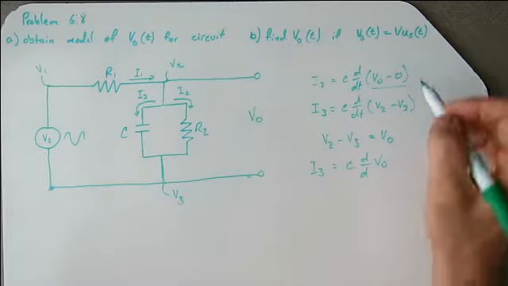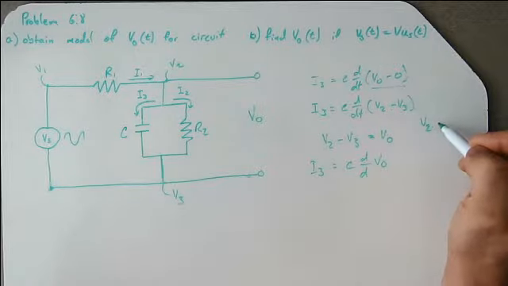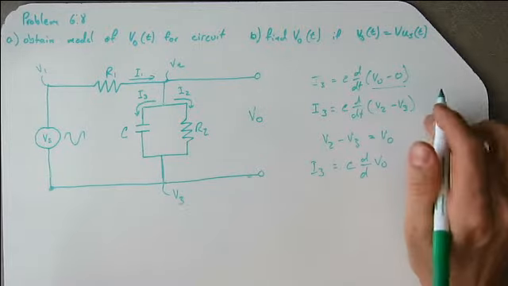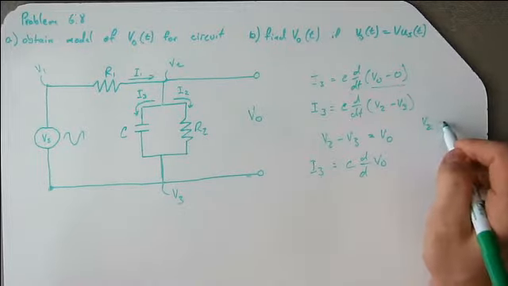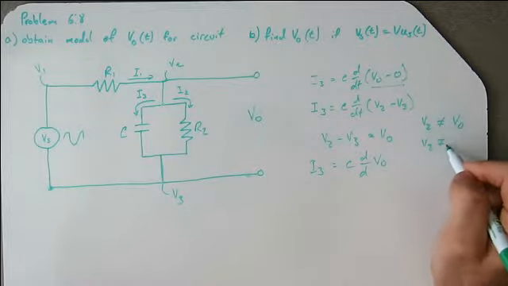But V2 does not always equal V out, and V3 does not always equal 0.